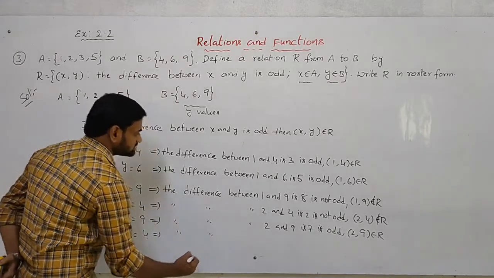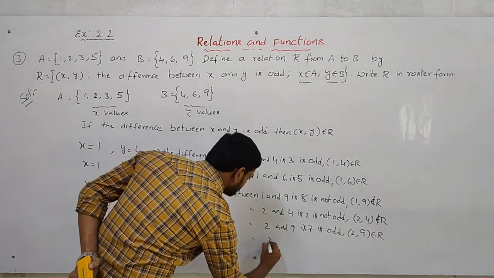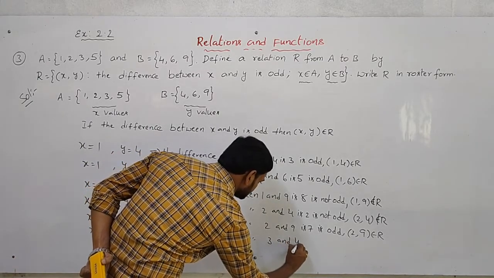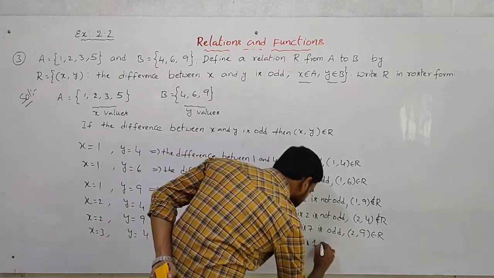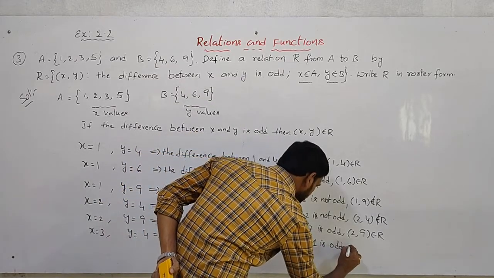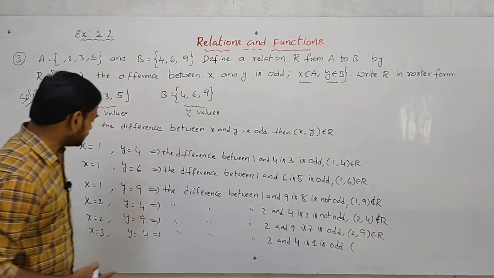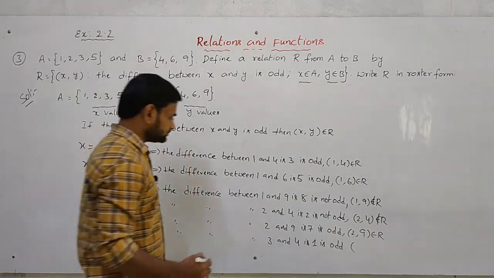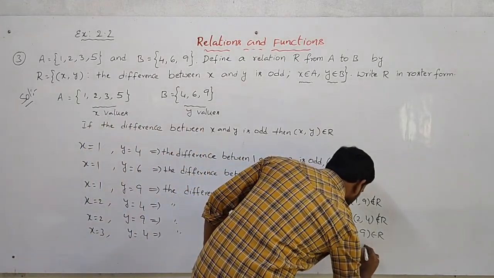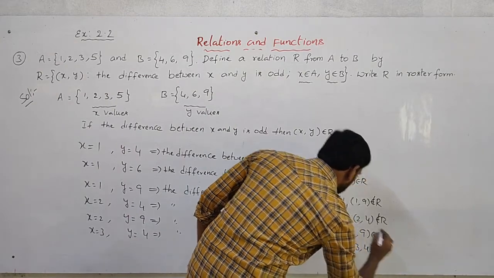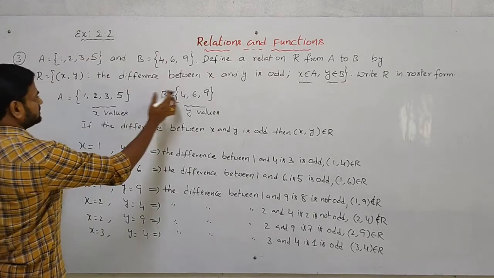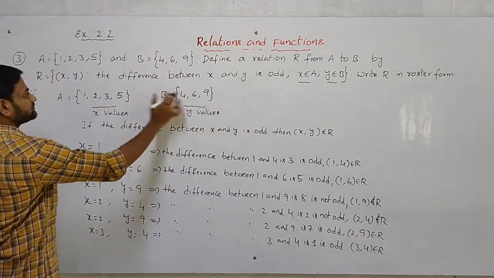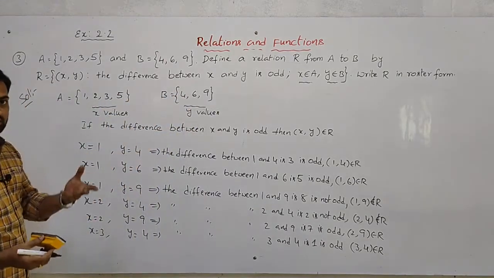The difference between 3 and 4 is 1. Now this one is odd. When it is odd, we can take the ordered pair. What is the ordered pair? (3, 4). (3, 4) belongs to the relation. Next, with (3, 6), the difference is 3.